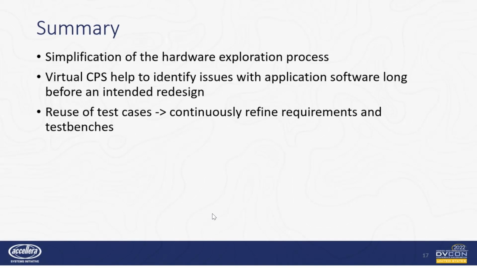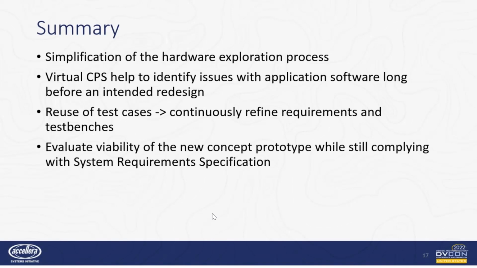Within a classic design and verification process, any change of this extent will potentially lead to many failed test cases of a regression, and thus other verification goals, like for example structural coverage, will not be achieved. The presented methodology shows how the viability of the new concept could be evaluated, while still complying with the system requirement specification.